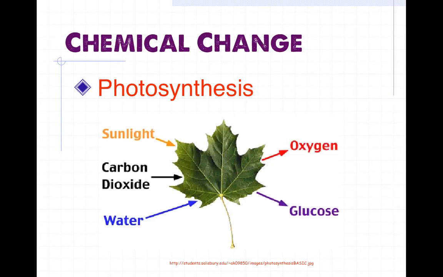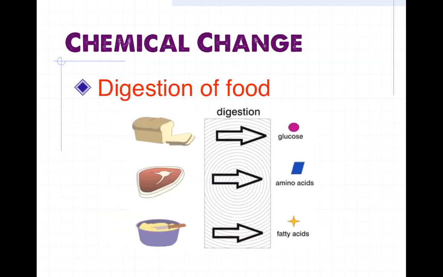Photosynthesis is another change. You start off with sunlight, carbon dioxide, water, and you chemically change them into new molecules, being oxygen and glucose. You might remember that from chemistry. So photosynthesis is a chemical change because it changes into new substances. Digestion of food.